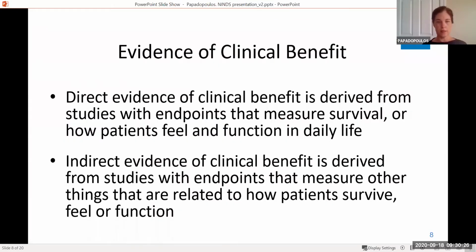Now I'd like to talk a little bit more about clinical benefit. We can think about clinical benefit in terms of direct evidence as well as indirect evidence.